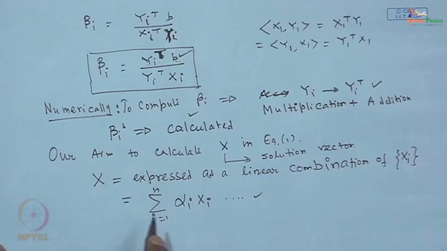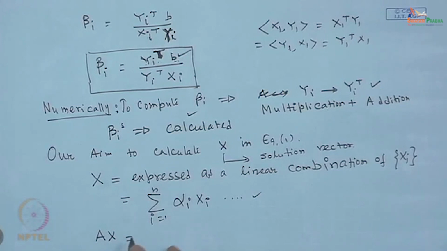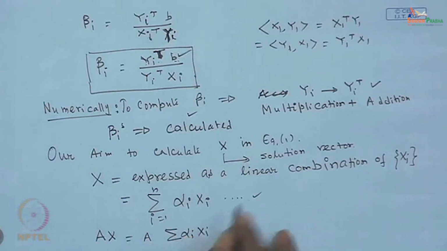Then, since a matrix is an operation, we operate on this equation by A. Whatever we get is that A x is nothing but the summation of A alpha i x i.